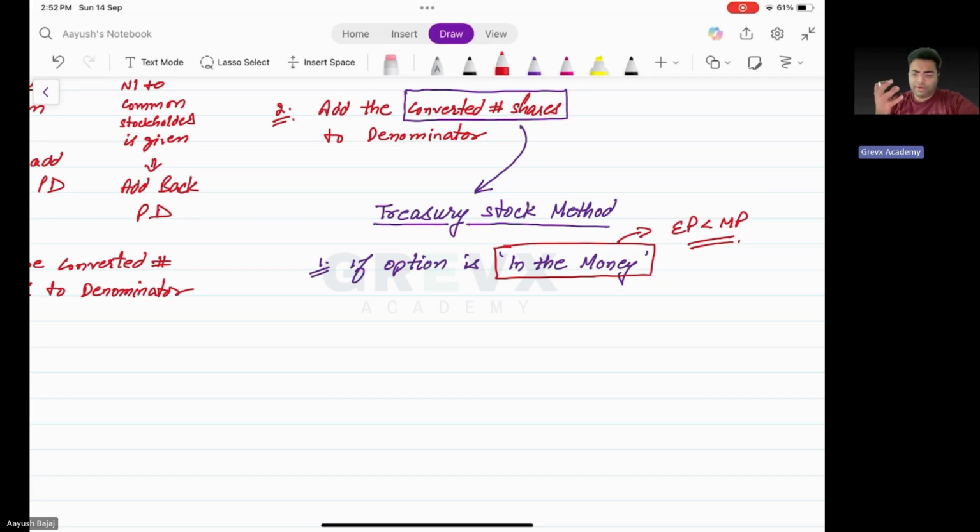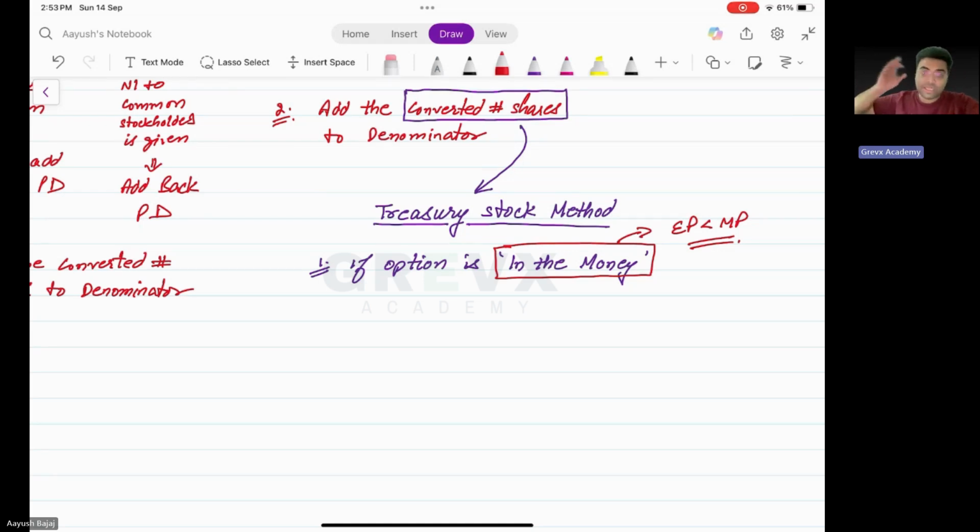That means if I have been given a right to purchase the share at $20, the price in the market is $15. Will I exercise my option? No. Why will I pay the company $20 if I can get the same shares at $15 in the market? So in this case, the option is said to be out of the money.